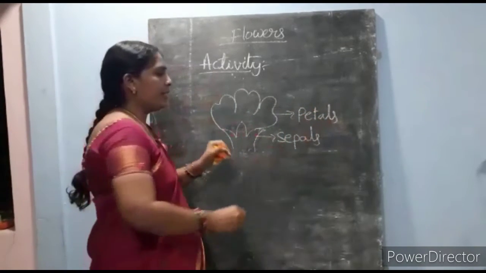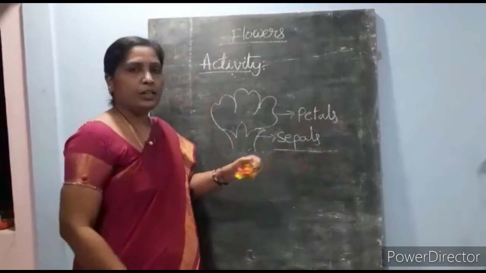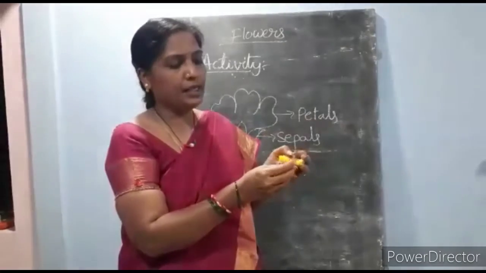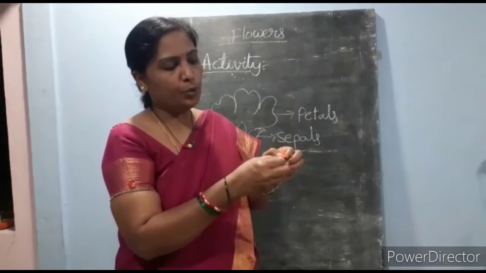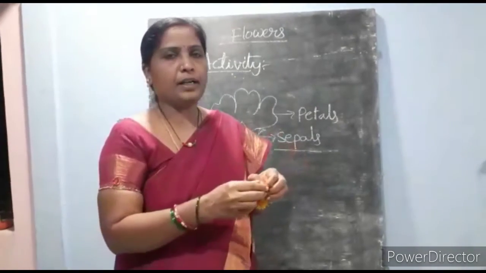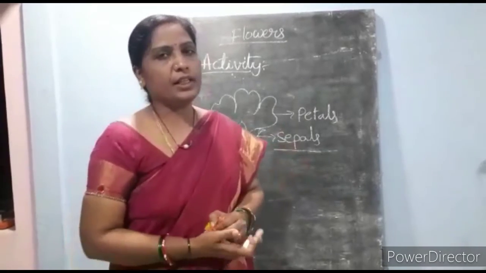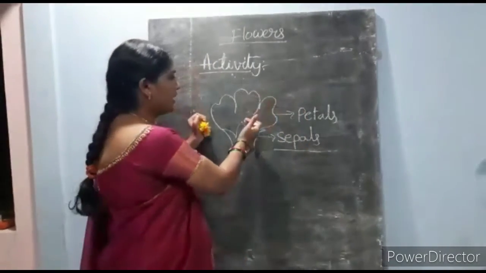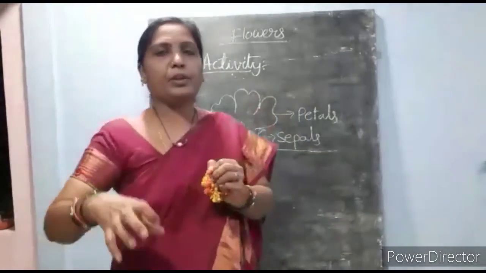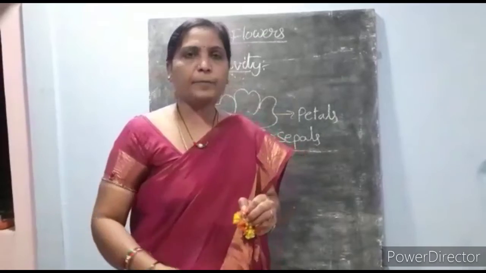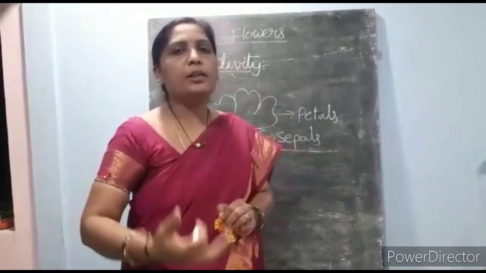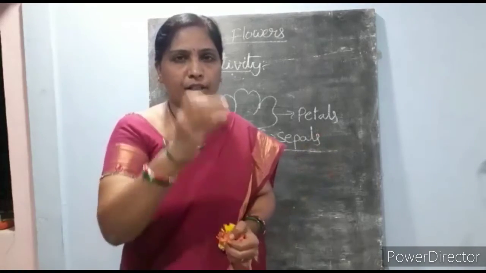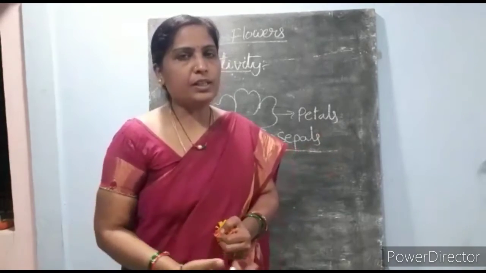About each part, whenever we are discussing, you cut and open, separate each part of the flower and arrange it on the glass slide. So this is the activity. Whatever part we are discussing, that particular part you are going to dissect and learn more about each part, children. Now I will show you the PowerPoint, and we are going to discuss each part in detail.